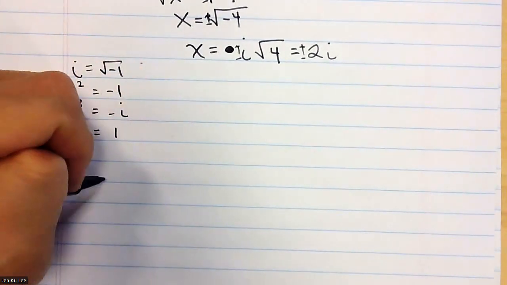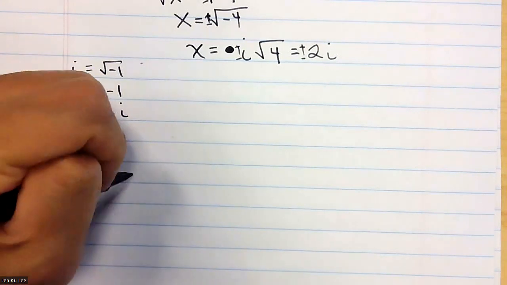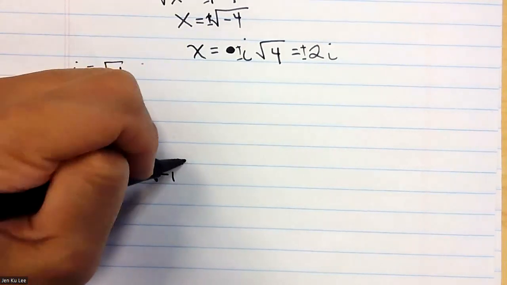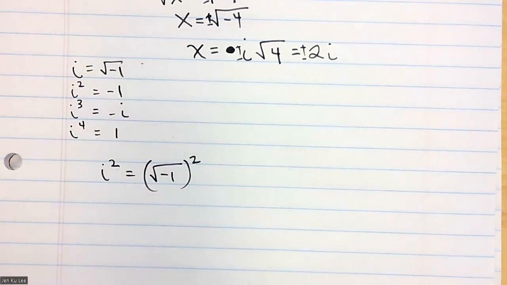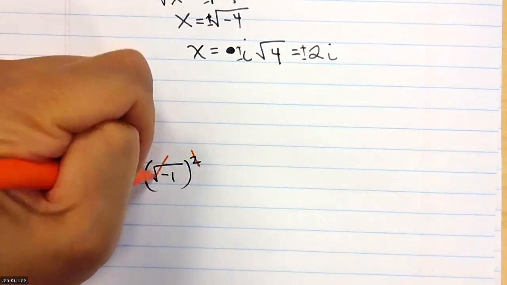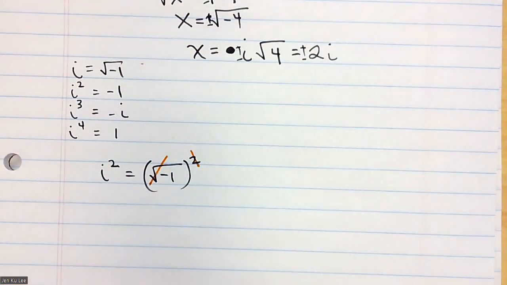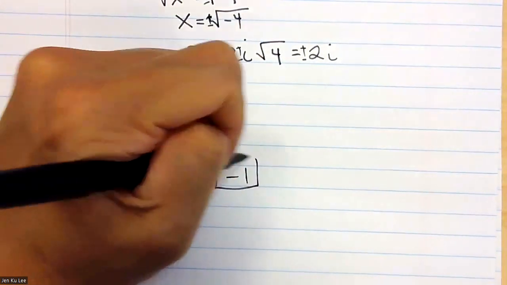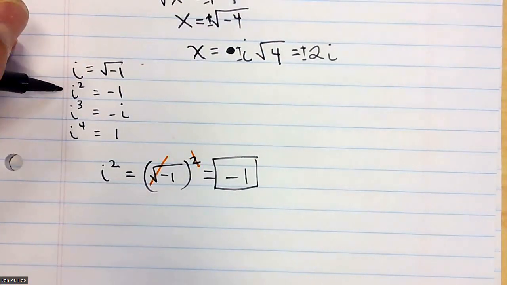So you guys can think of i squared as square root of negative 1, squared, right? Well, if you have a square root and a squared, they cancel out, so you're just left with negative 1. That's why i squared equals negative 1. Check.